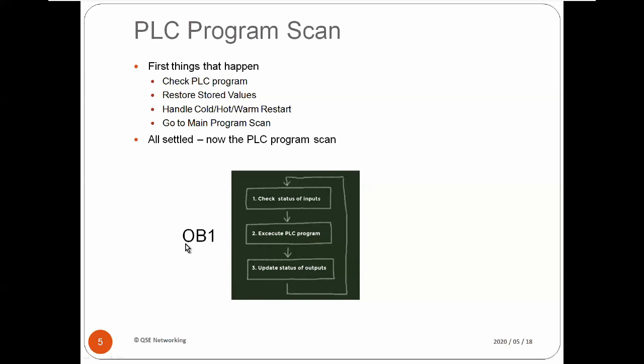So once OB1 is running, it always reads all the states of the input cards, then stores them in the input memory area, then executes the PLC program from start to finish. In that execution, the inputs are never read again. They don't change at all until at the end of the program, it writes the outputs that your program has now put on, and then it goes back and reads the inputs again.